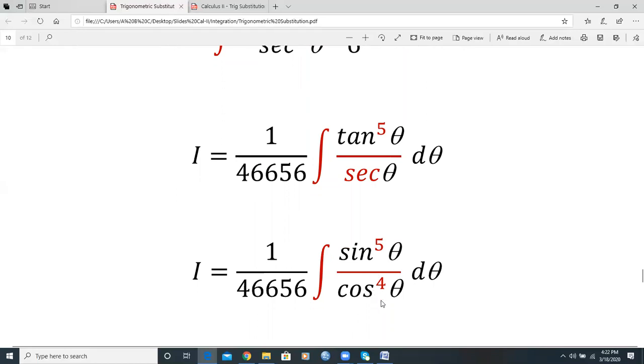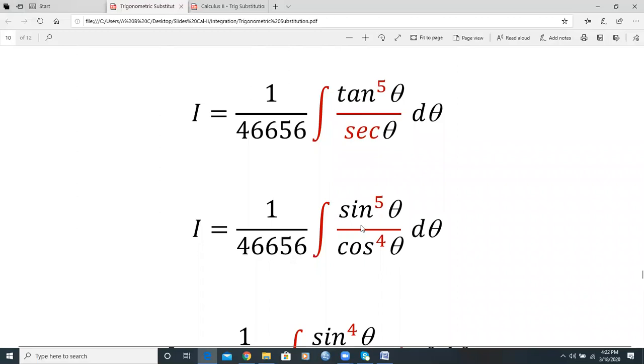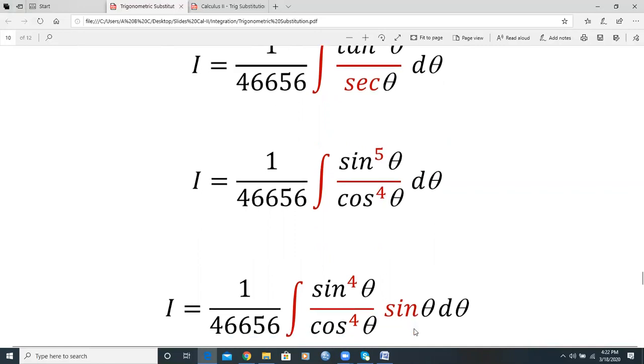In the previous lecture, we have seen when there is a product of sine and cosine functions where one power is odd, we break this sine to the power 5 theta and express it as sine to the power 4 theta multiplied by sine theta. This sine to the power 4 theta can be expressed as sine squared whole squared.